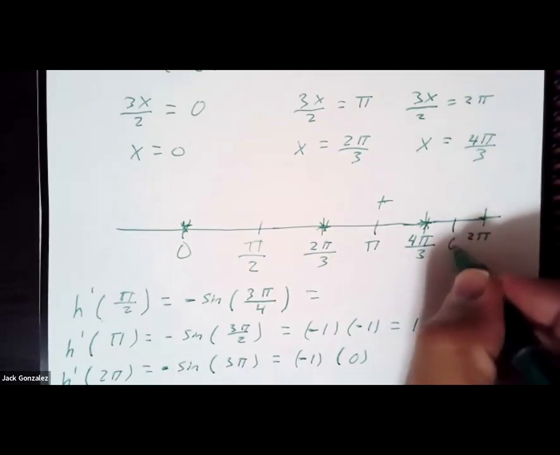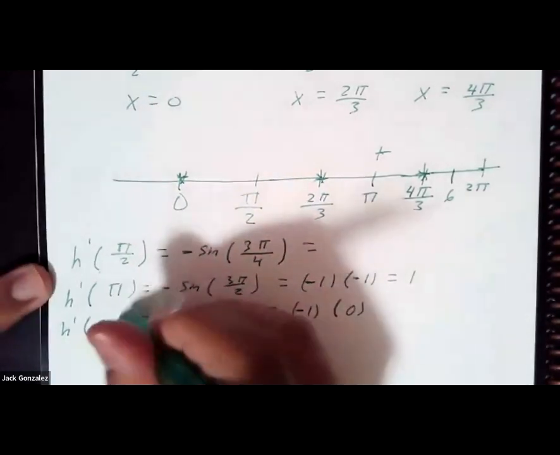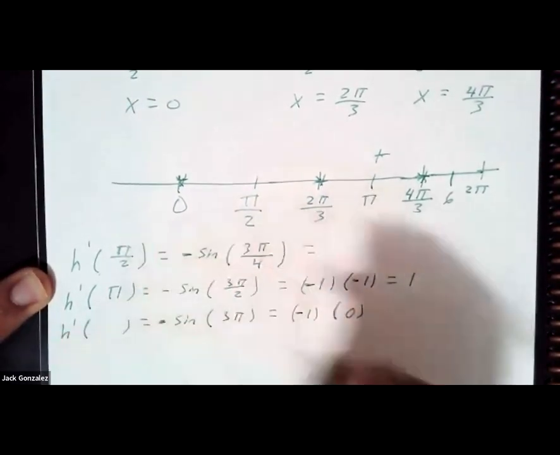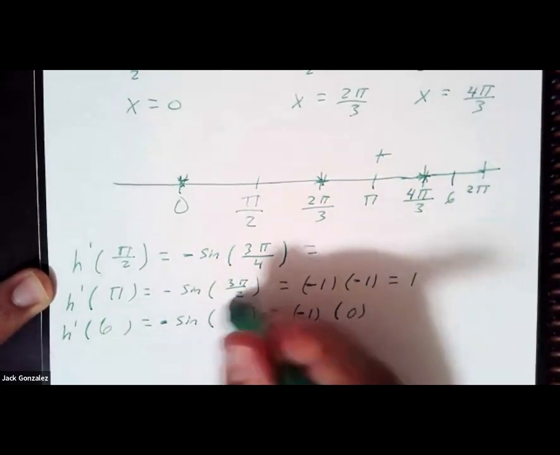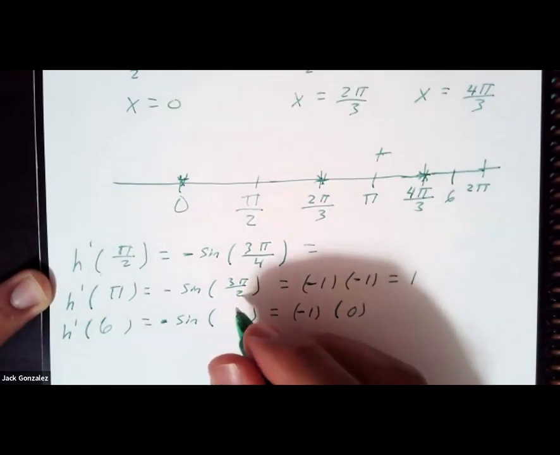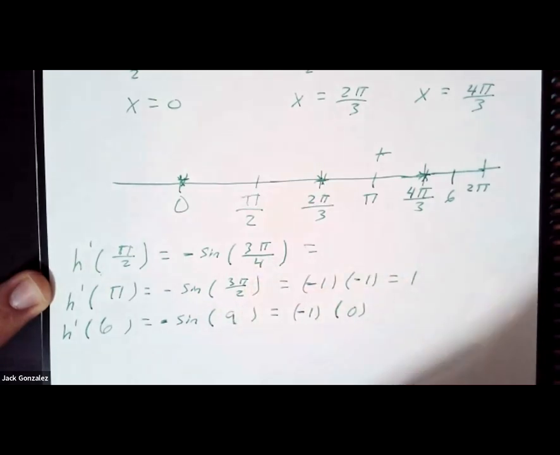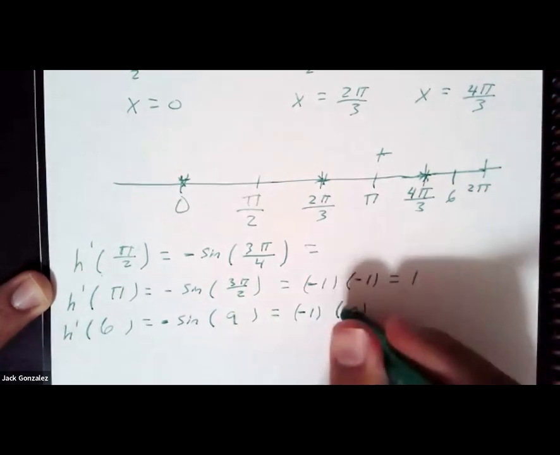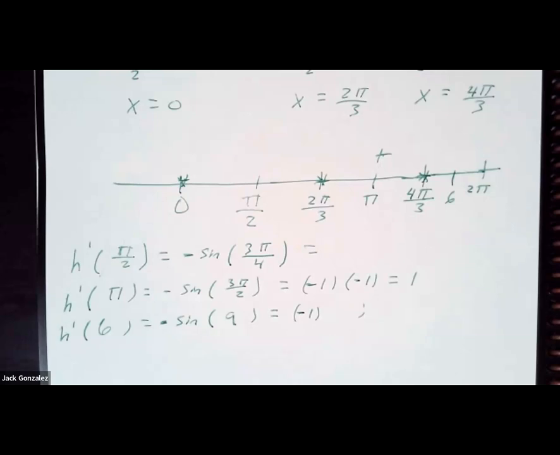I know the number 6 right here, right? So use 6. Who cares? Three times 6 over 2, it's going to be 9. Calculator time.